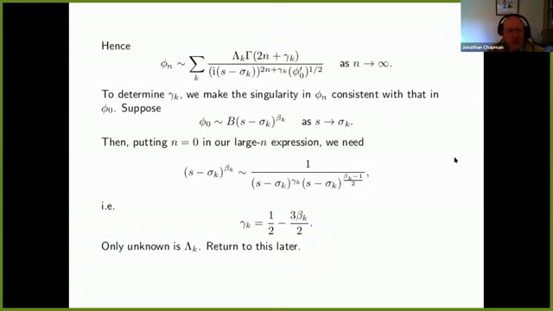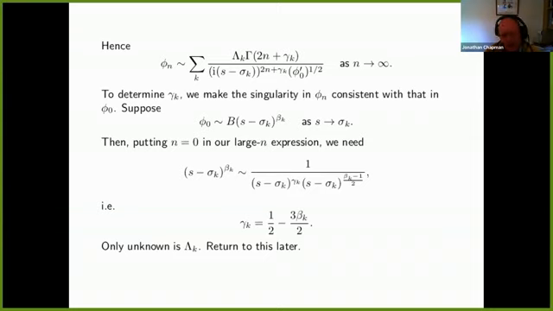So to determine the gamma, you just have to make sure that the singularity in phi n is consistent with that in phi 0. Effectively, what that means is that if I put n as 0 in here, I want the order of the singularity to be right. That seems a little bit perverse: I said this is the large n asymptotic approximation to phi n, and then I'm going to put n as 0.